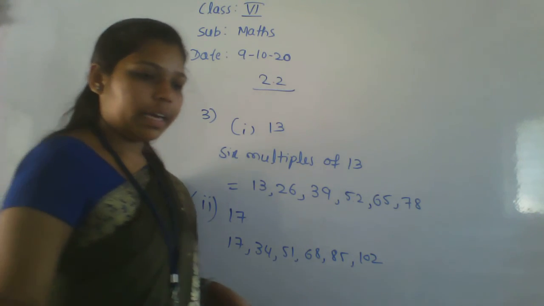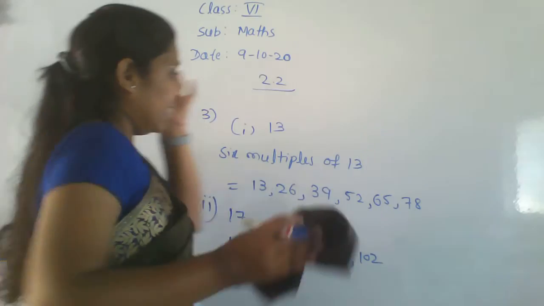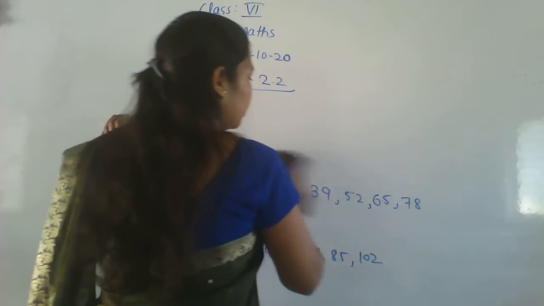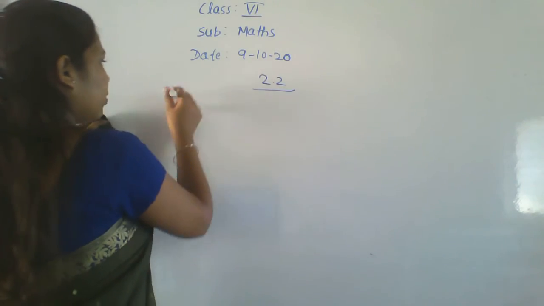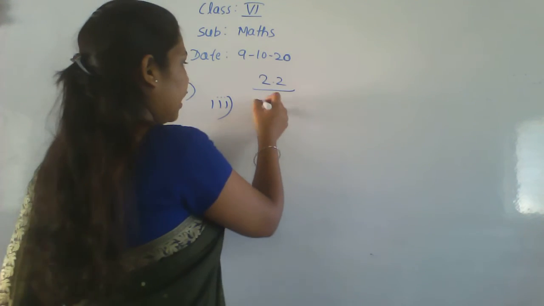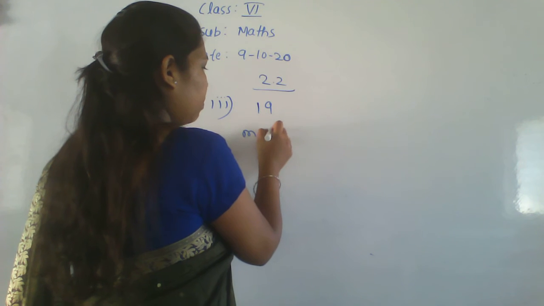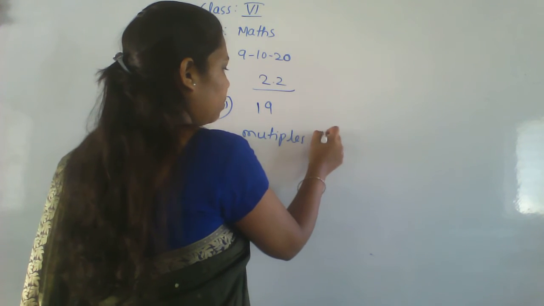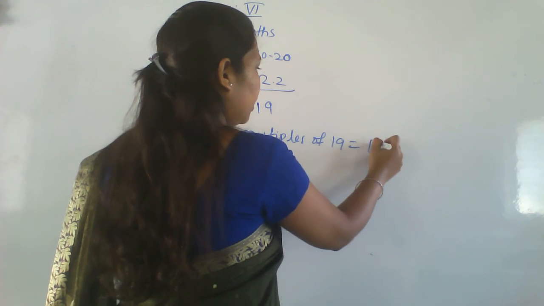Getting it? Okay, right. Next one is 19. What is the given number? 19. Write the 19 table. Multiples of 19 are equal to 19.